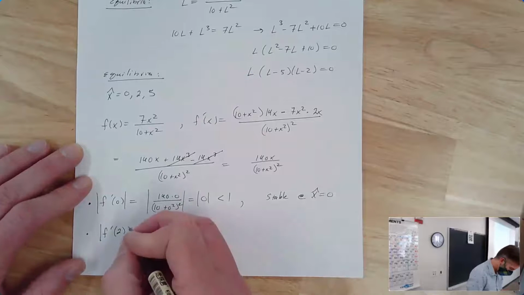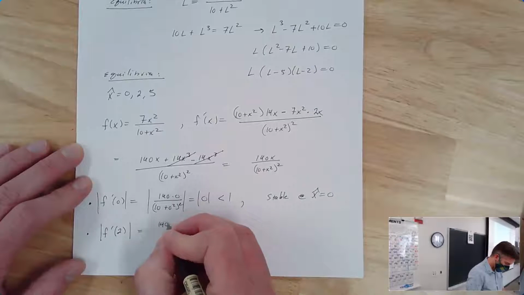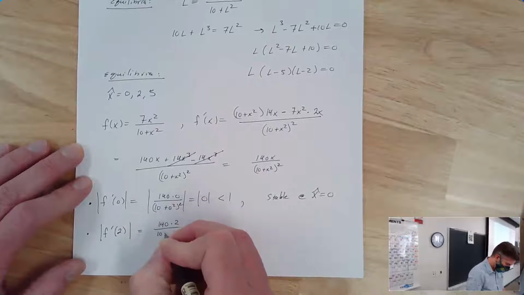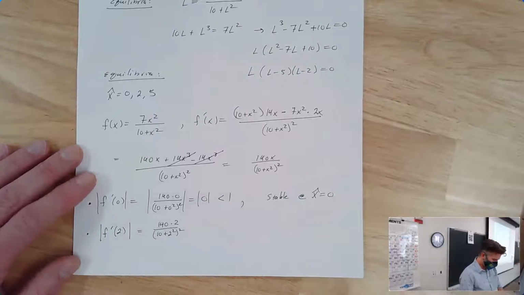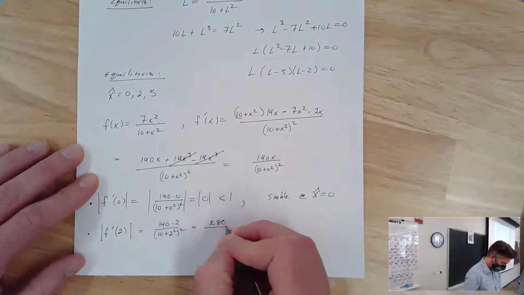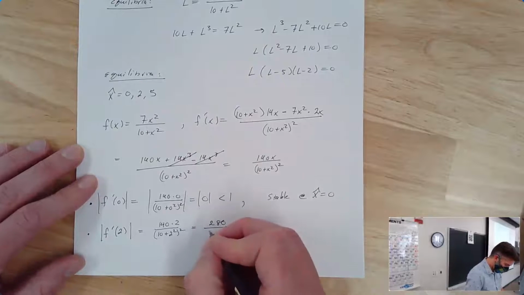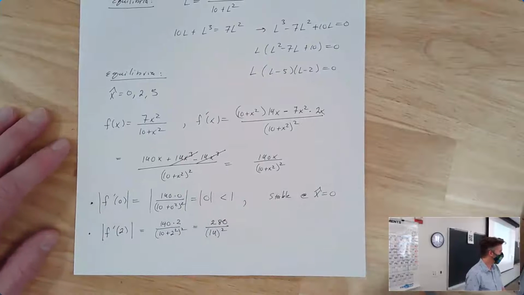It's going to be 140 times 2 over 10 plus 2 squared, squared. So the top is 280 and the bottom is 14 squared. What's bigger, 280 or 14 squared?